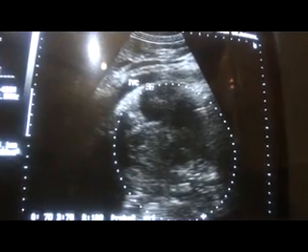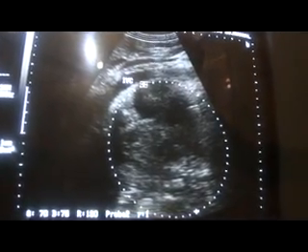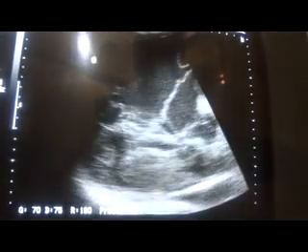Now the mass is crossing the midline, elevating the IVC, raising the suspicion that it may be a retroperitoneal mass.